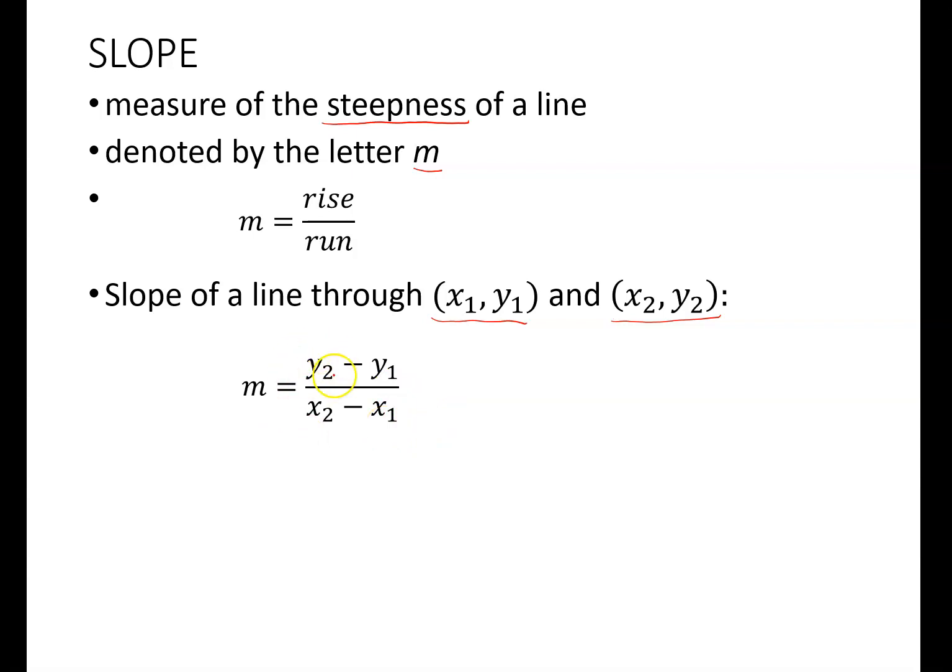It actually doesn't matter whether you start with y2 or y1, but whichever one you start with on top, you have to be consistent on the bottom. So if I do start with y2 on the top, I must start with x2 on the bottom.